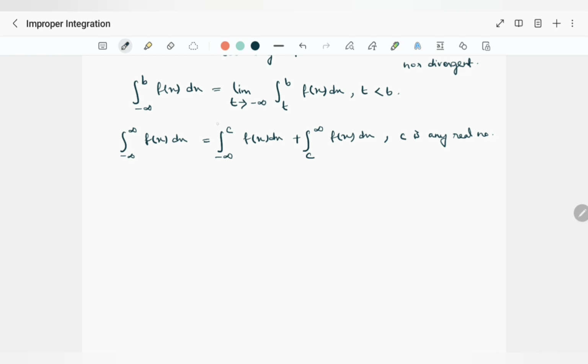We know how to calculate this part by the above formula, and from the first formula we also know how to calculate c to infinity f(x) dx. By calculating both the integrals, we can get the integral of a function from minus infinity to infinity.